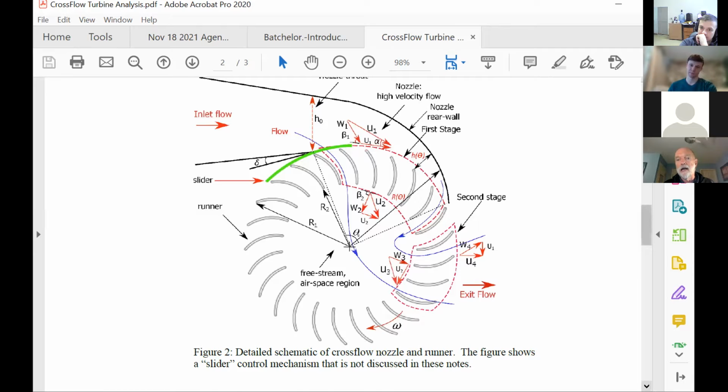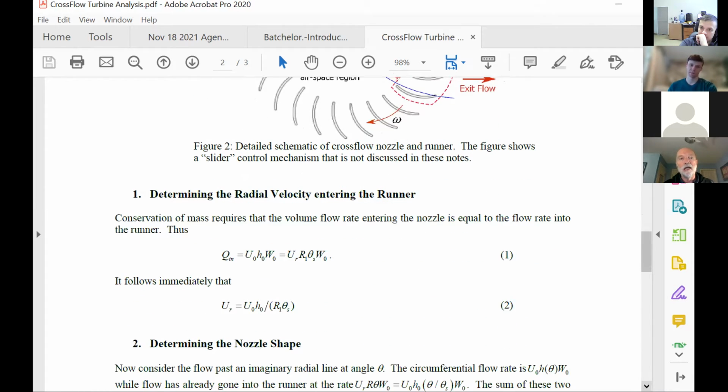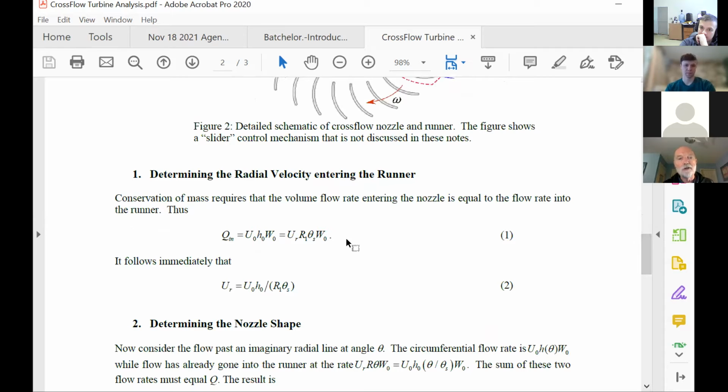And if you look down through here, the first two equations here use the principle of conservation of mass. So the flow rate in terms of cubic meters per second that is entering the nozzle through the throat has to be equal to the flow rate in cubic meters per second that is going into the runner, into the blades.